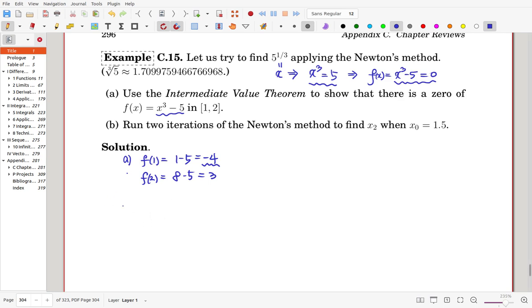Okay. Now, part B, we run 2 iterations of Newton's method to find x2, starting from x0 equals 1.5.